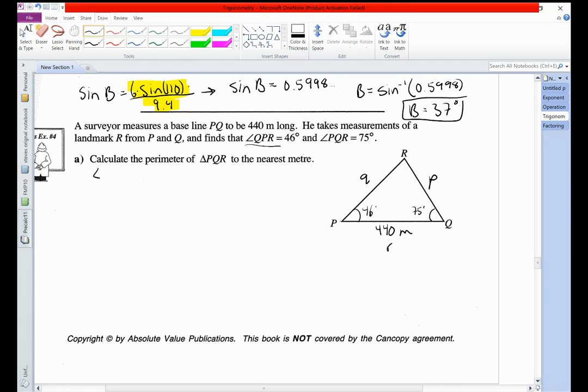So angle PRQ will equal 180 minus 46 minus 75. So we know that the angle at the top is 59 degrees.